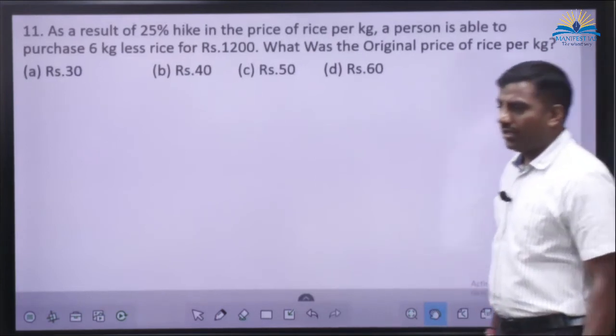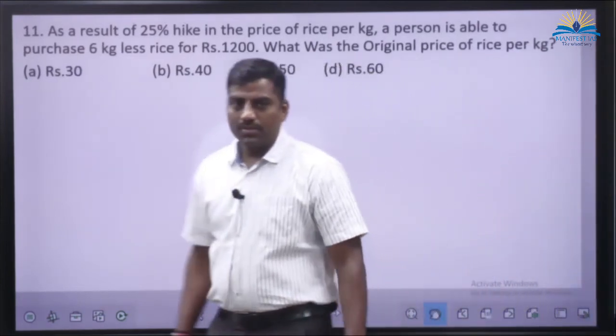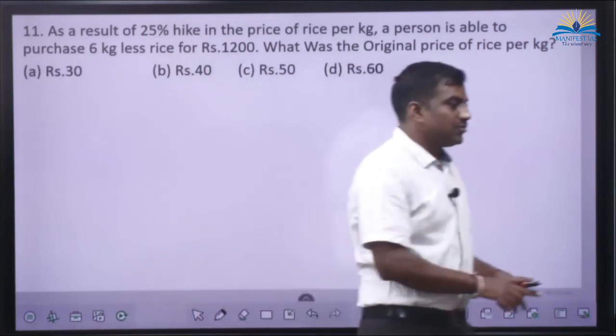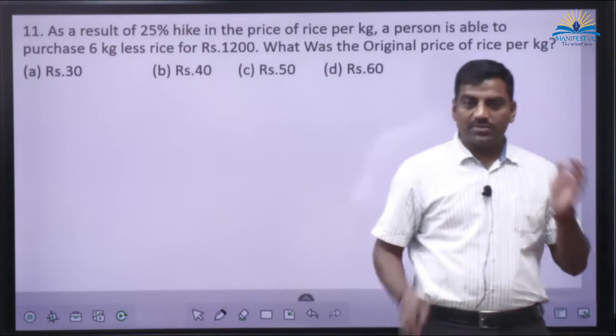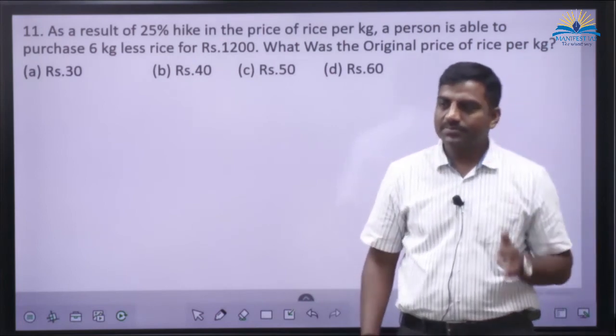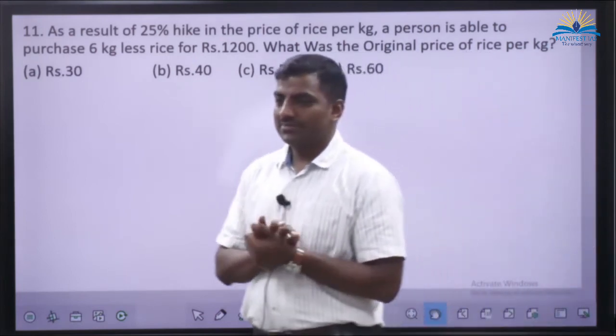This is a very important problem with respect to budget. Budget means not our national budget, but our personal budget.